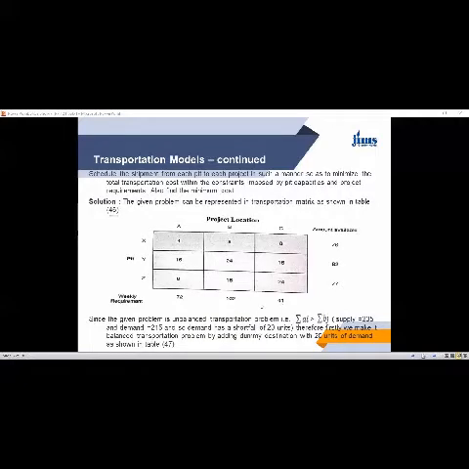The demand has a shortfall of 20 units. Therefore, we first create a balanced transportation table by adding a dummy destination with 20 units of demand.